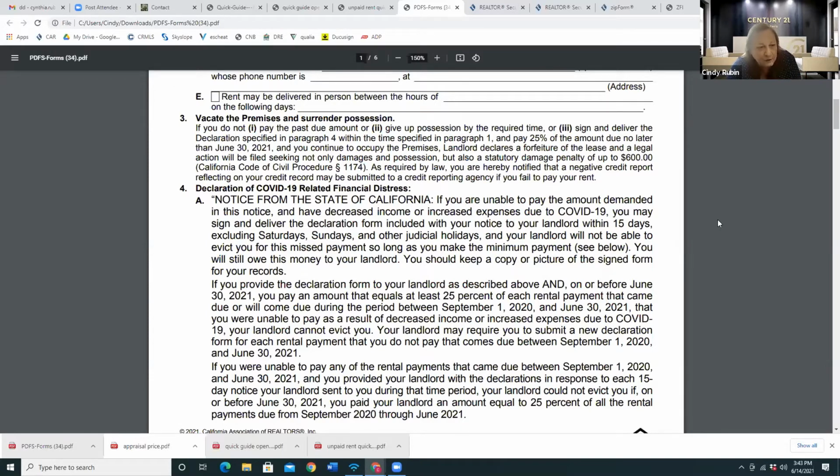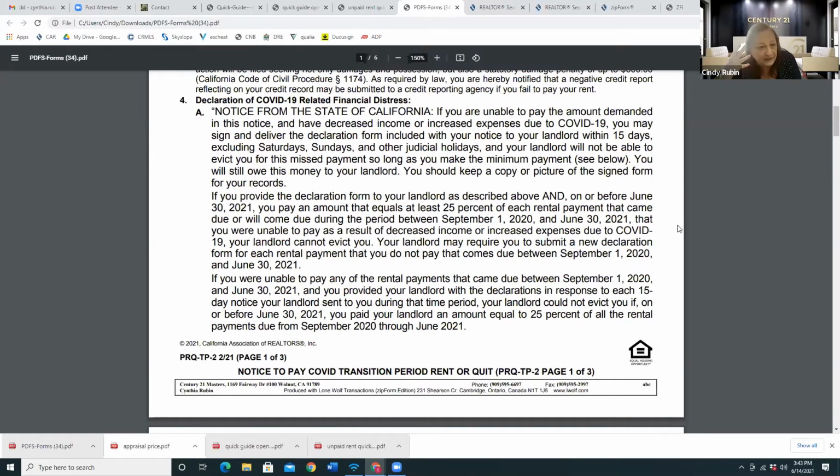Your landlord may require you to submit a new declaration form for each rental payment that you do not make that becomes due between September 1st and June 30th, 2021. So if you get that and you can't pay and you send that form to your landlord, they cannot evict you as long as you pay 25%.